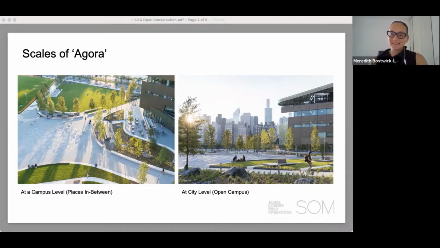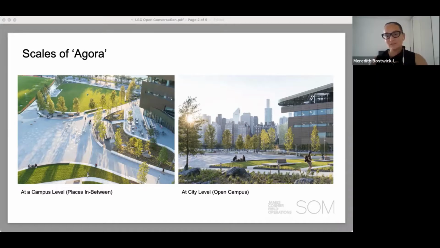So, thinking about even taking the space of learning outside of the campus proper, and inviting in the city, the context, the community, possibilities beyond the campus itself as a part of the Agora. And I think, Henry, you're going to talk a little bit about the classical definition of Agora and how that started to spawn some of our thinking around this.